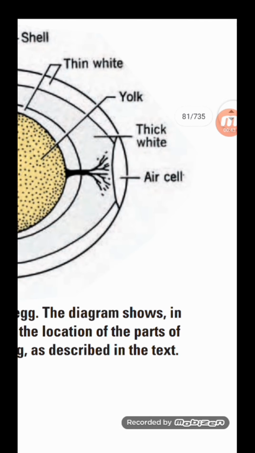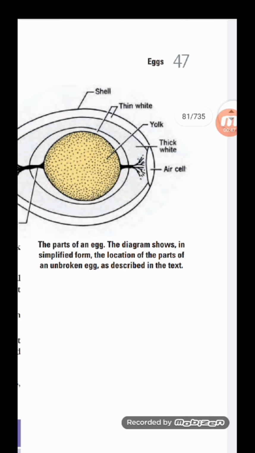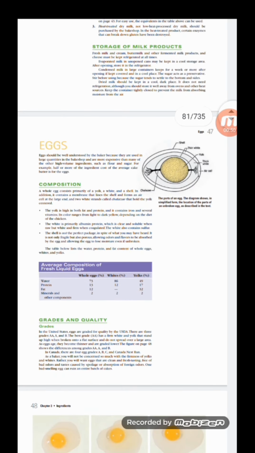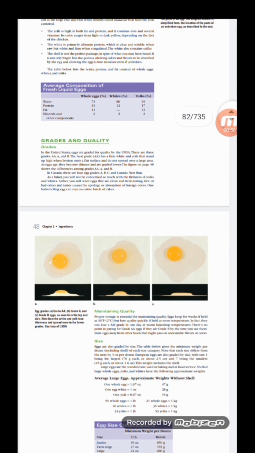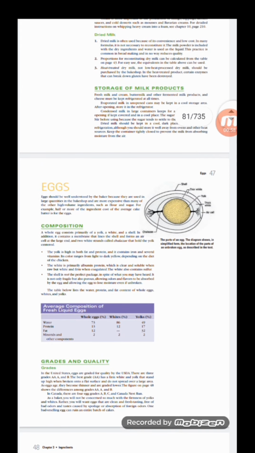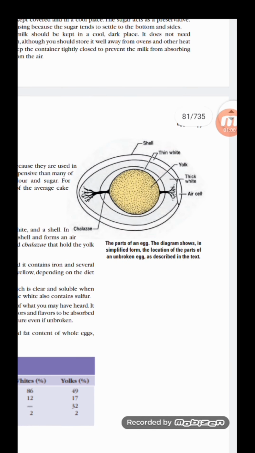The size of it is what determines how old or young the egg is. If it is older, the air cell gets bigger. Once the air cell becomes bigger, it also indicates that the white is becoming thinner.